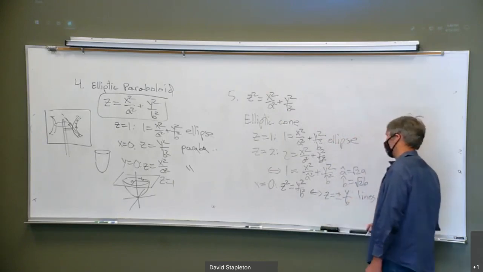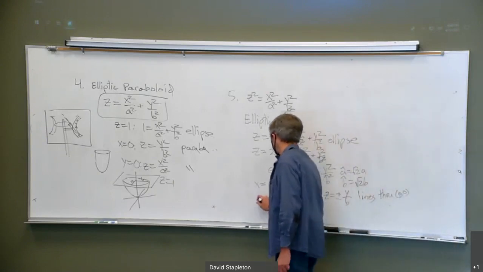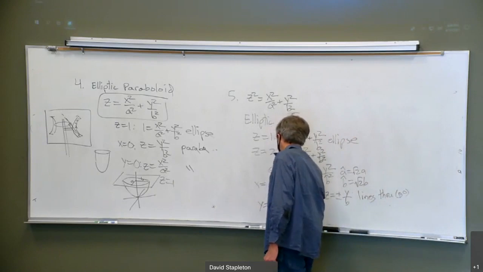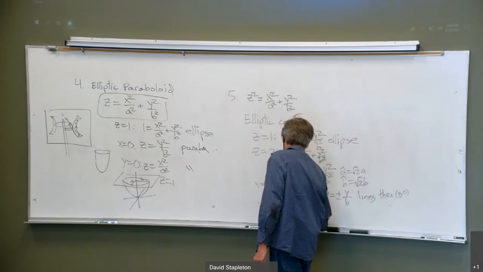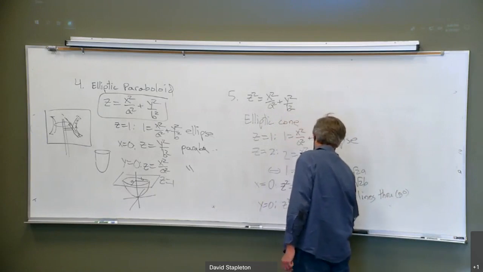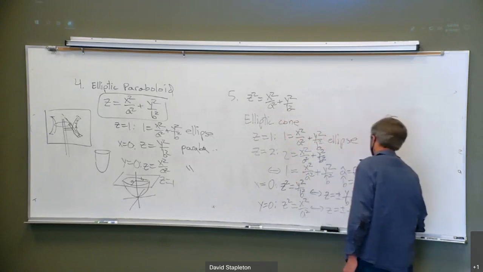In the YZ plane the slope is plus or minus 1 over b. Similarly, if you put y equals 0, you get z squared equals x squared over a squared, again 2 lines. This time z equals plus or minus x over a, also lines through the origin.